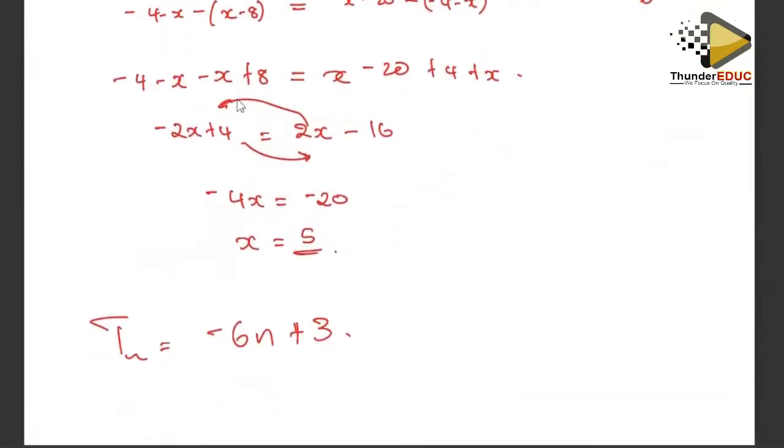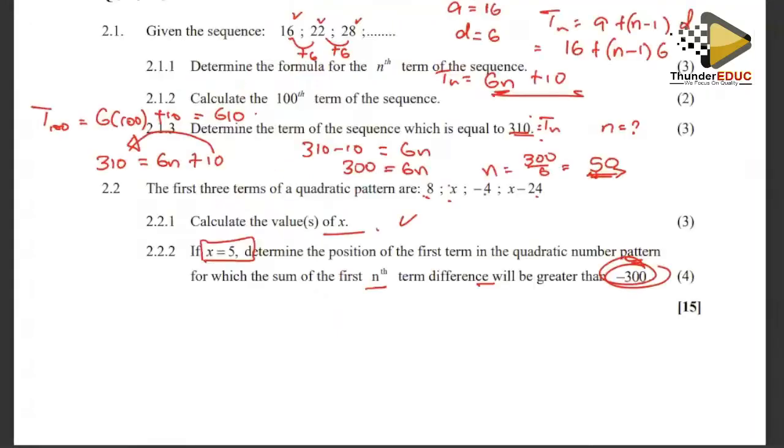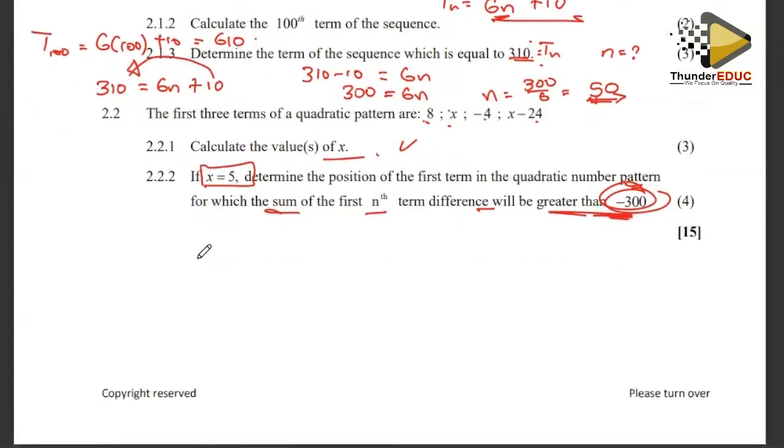It should be the nth term. Now, if they're talking about something that is greater than 300, because it is the sum that must be greater than 300, let's try to substitute into the formula of the arithmetic sum, n over 2 into 2a plus n minus 1 into d.